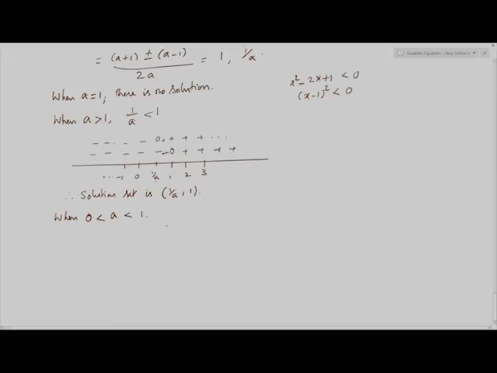In this case the solution set will be, you can verify, from 1 to 1 by a, exactly similar to that but on the other side, the open interval from 1 to 1 by a.